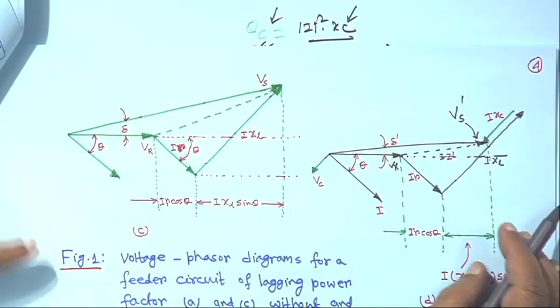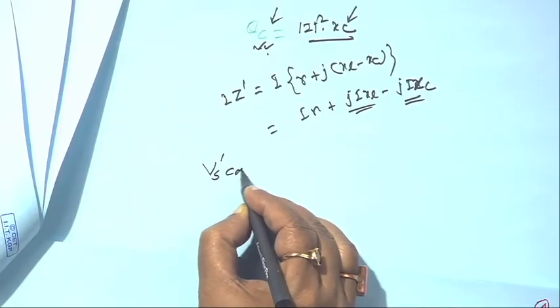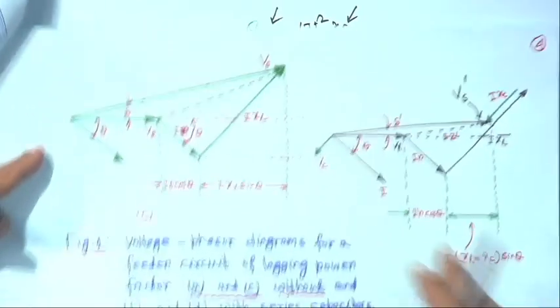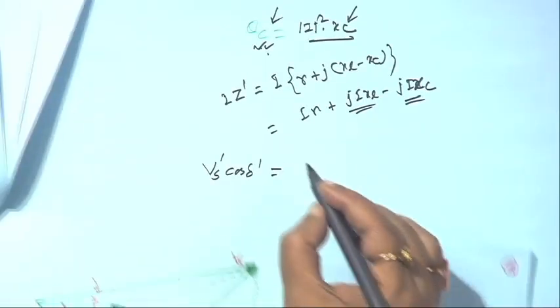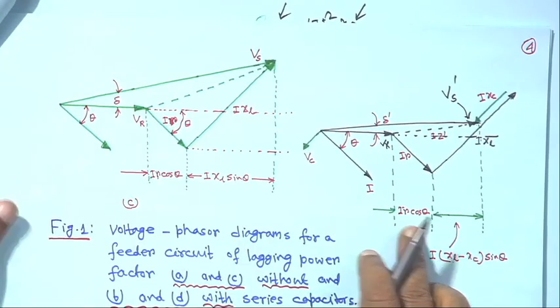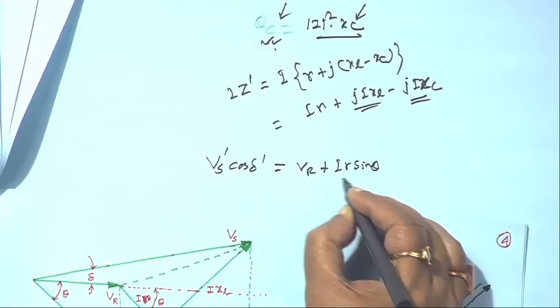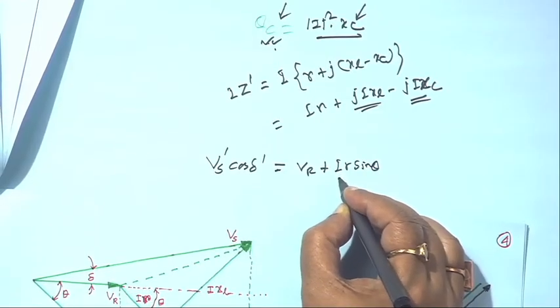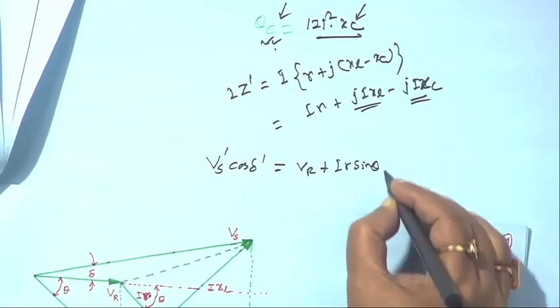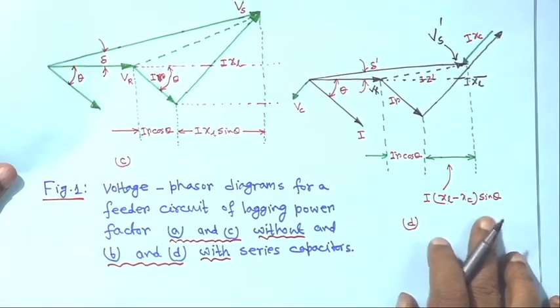If you make a horizontal line like this, and this distance is given. So, V s dash cos delta dash is equal to V r plus I r sin theta, and when I am writing this I, I mean magnitude, right, understandable, plus this part I into (X L minus X C) sin theta.